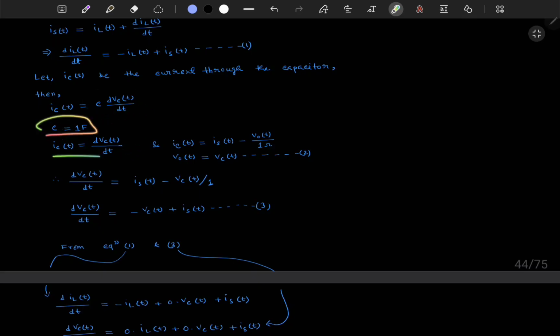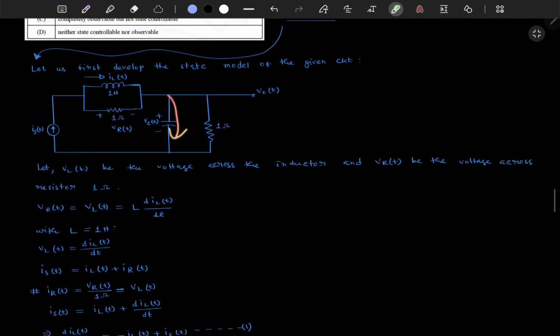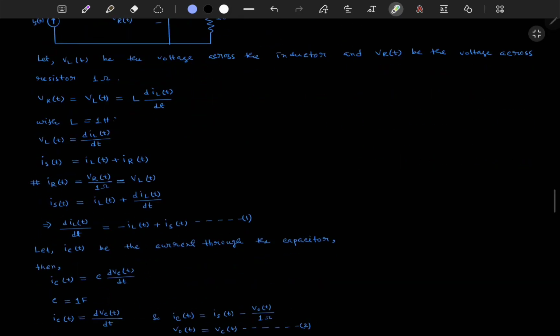ICT will be IST minus the resistance current, because the current divides into these two parts. If we subtract this current from this current, we get the capacitor current.